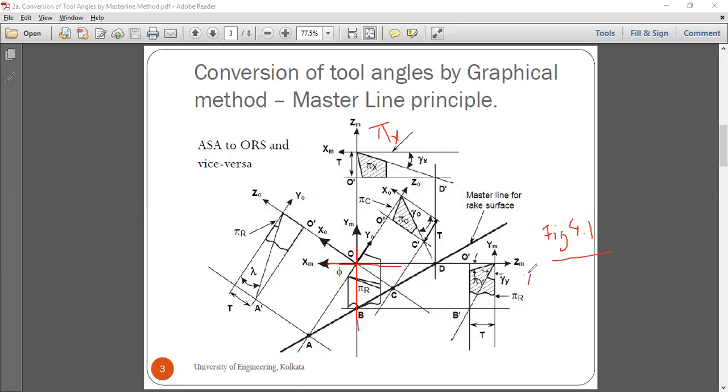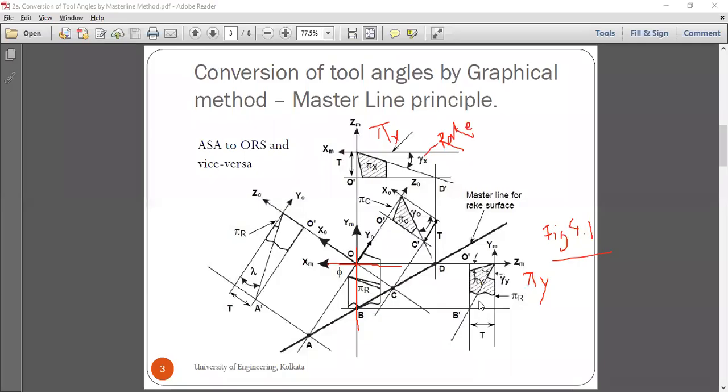So this is the pi y plane, and you draw the section of the tool in the pi y plane. Now this is your rake angle, side rake angle, and this gamma y is your back rake angle, right?